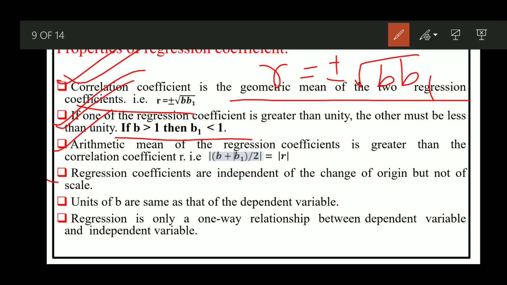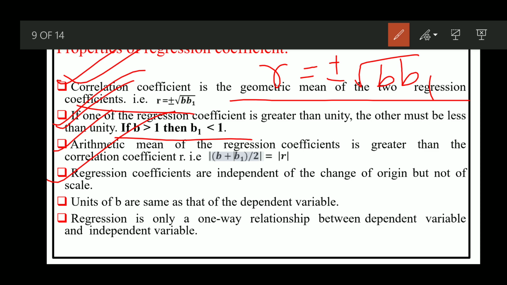Next, regression coefficients are independent of change of origin but not of scale. I hope all of you have an idea about change of origin and scale. Change of origin means adding or subtracting a constant from your data set. If you are dividing or multiplying, you are changing your scale.